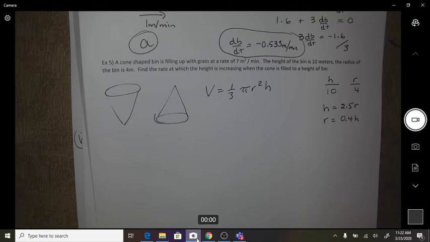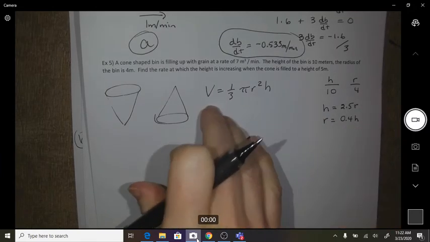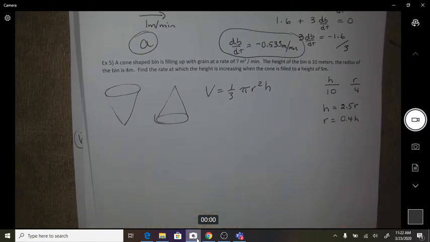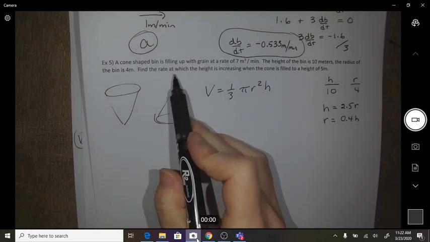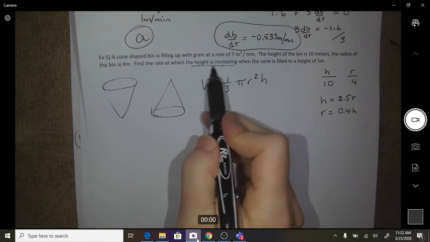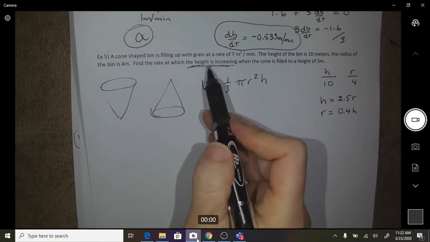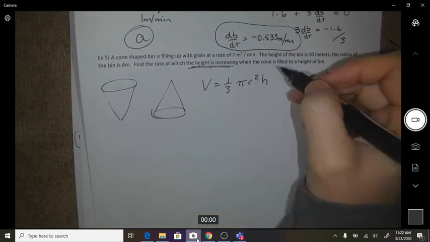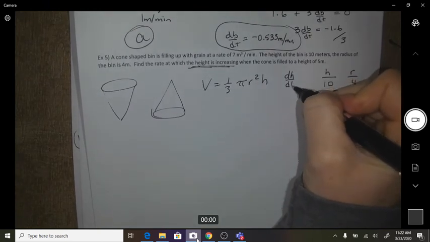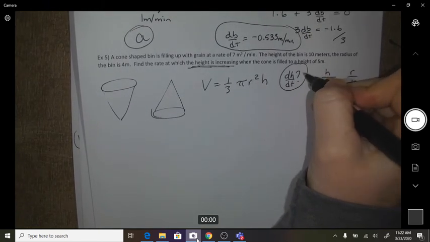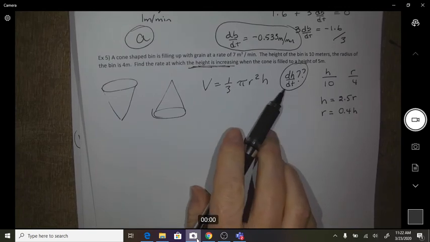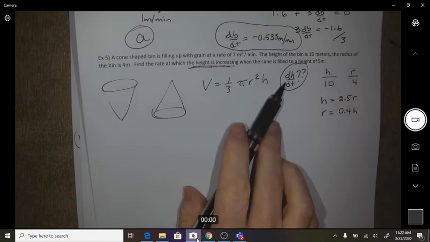Okay, so we're going to be inputting something into this equation. Let's think about what we're doing. We want to find the rate at which the height is increasing. So what we want to know is the change of that, that's our goal, right? So we want to know the rate of the height increasing.